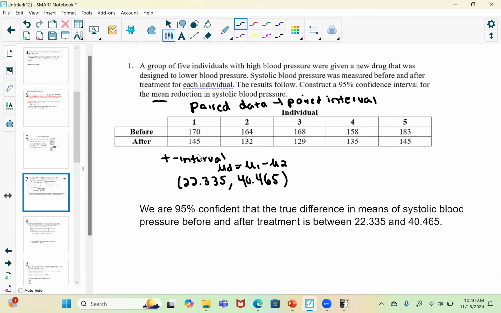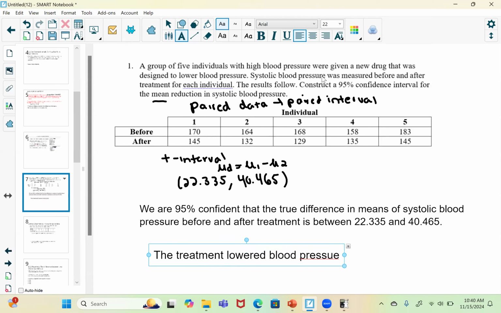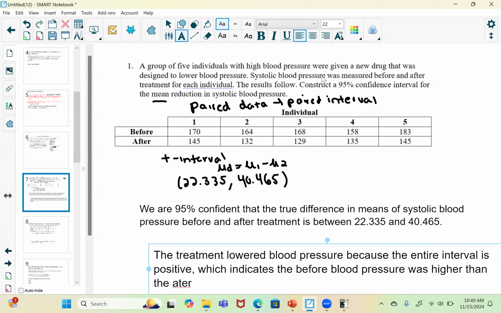So before treatment was higher and after treatment was lower. So we can say the treatment lowered blood pressure, or there's evidence that it lowered blood pressure because the entire interval is positive, which indicates before blood pressure was higher than the after blood pressure.